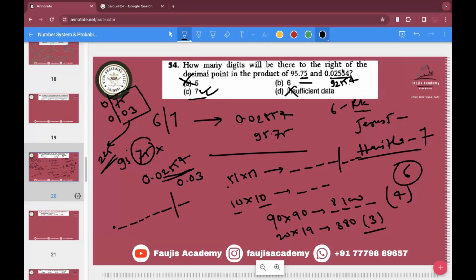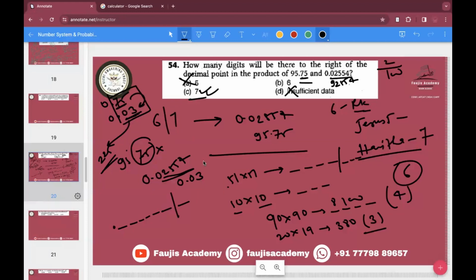Just try to understand it. Just 2%, just 0.02, it's out of 100, it's just 2. So even though we are multiplying after the decimal, there are 2 digits. The 0 will be considered as a digit, right? And over here it is 75.